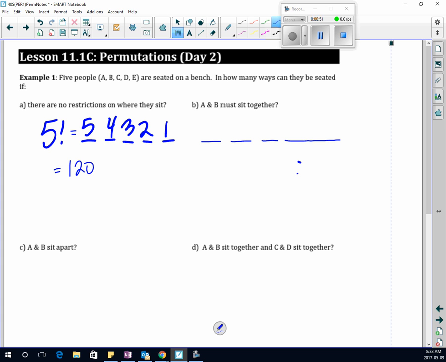I can move these 4 spaces how many different ways? Only 4 ways? You should be saying 4 factorial ways. Right? I can move these things 4 factorial ways. It's kind of like moving 5 things. Now I have 4 things.